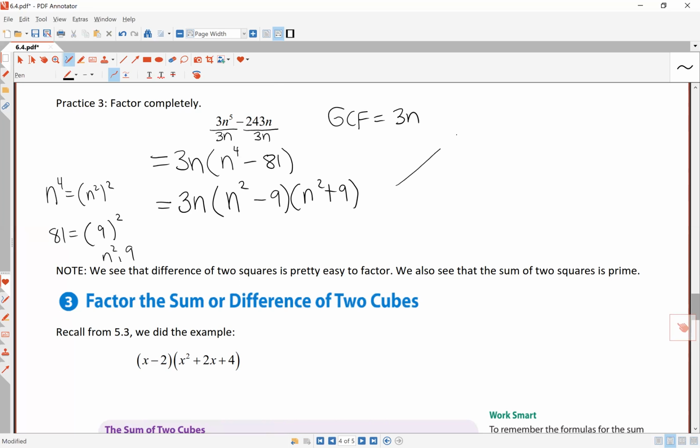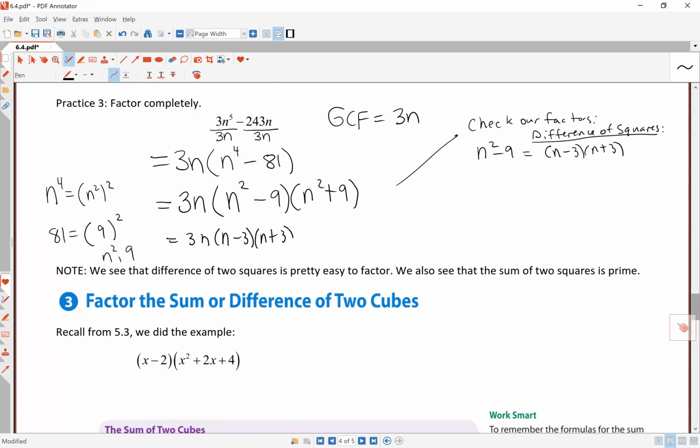Now we need to check our factors. n squared minus 9 is a difference of squares. That factors as n minus 3 and n plus 3. n squared plus 9 is the sum of squares.